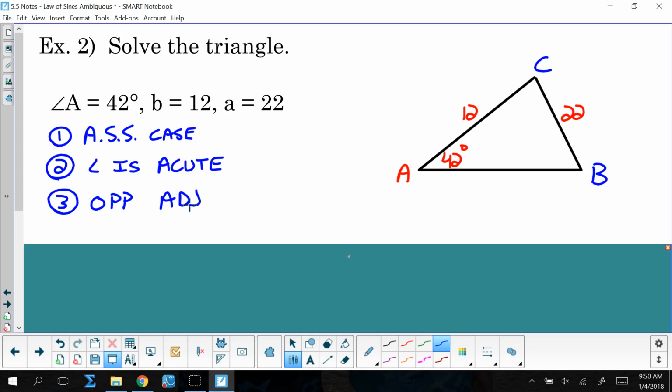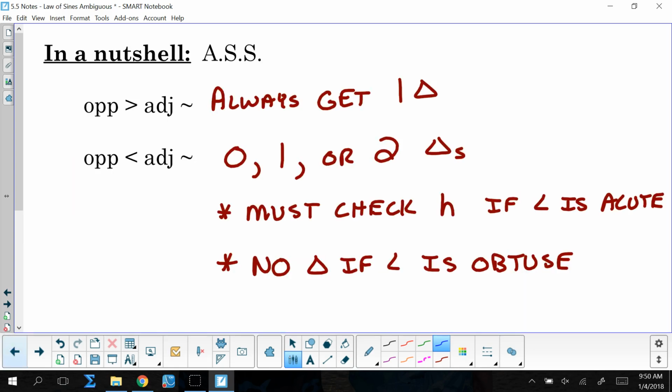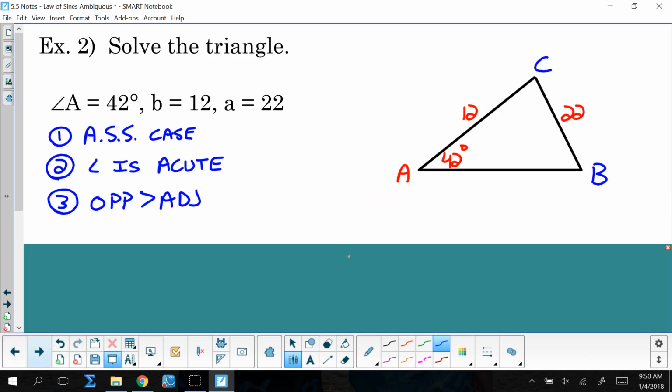Opposite is bigger. Okay? So going back to my handy dandy wrap it up page, opposite is bigger. 1 triangle. Fantastic. That means we got 1 triangle. Solve for angle B, angle C, and side C.